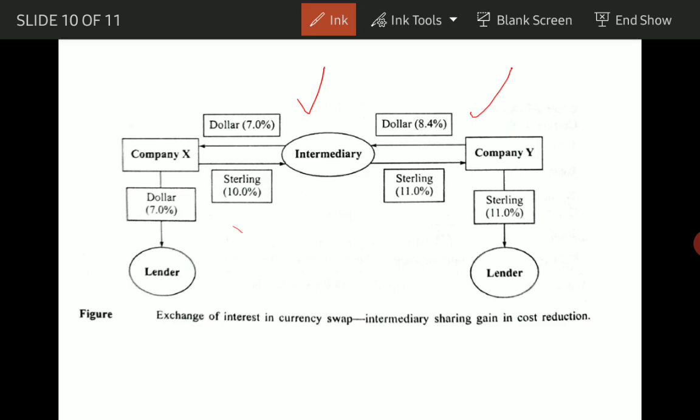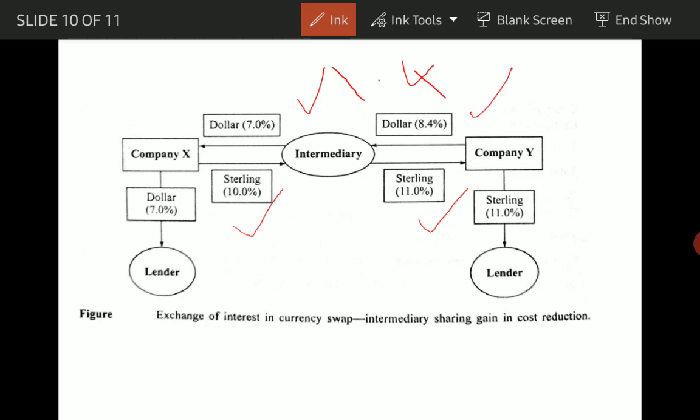Now company X will pay 10% interest in sterling to the intermediary, out of which the intermediary will pay 11% to company Y, because company Y has to pay its loan in sterling to its own lender. Now here company Y pays interest in dollars at the rate of 8.4% to the intermediary, and the intermediary pays 7% of it to company X. So here the excess interest received is 1.4%.